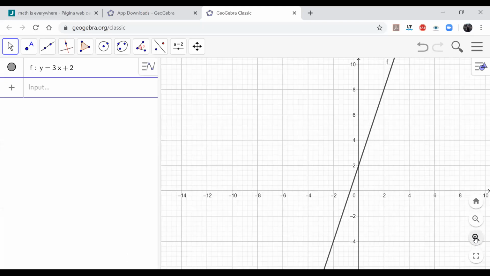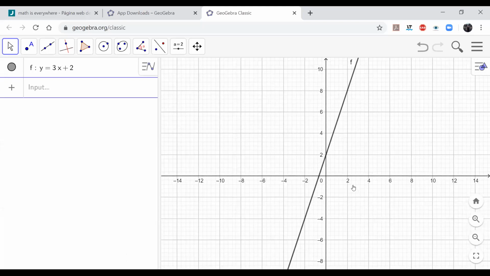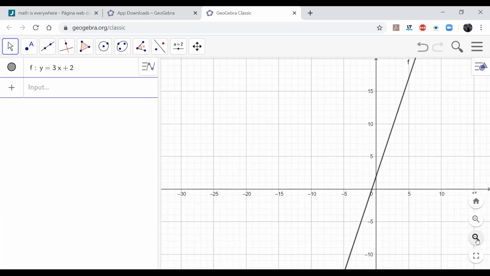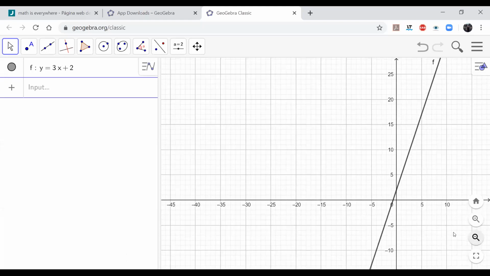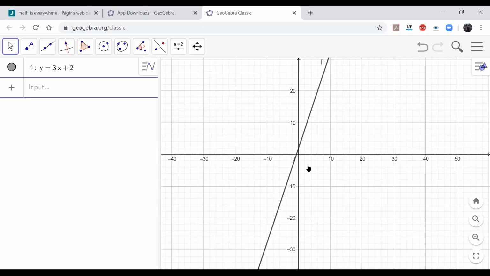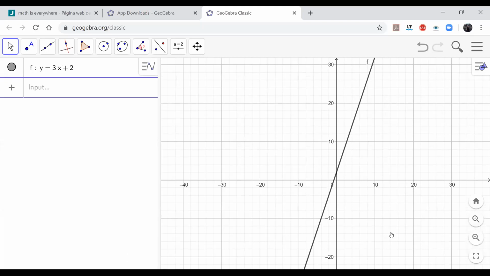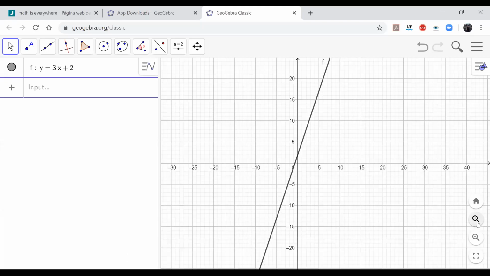And Ms. Herrera, if you give more points, it means you're going to have a longer graph, because the graph is going to be a line. And the lines are infinite, remember? Look.